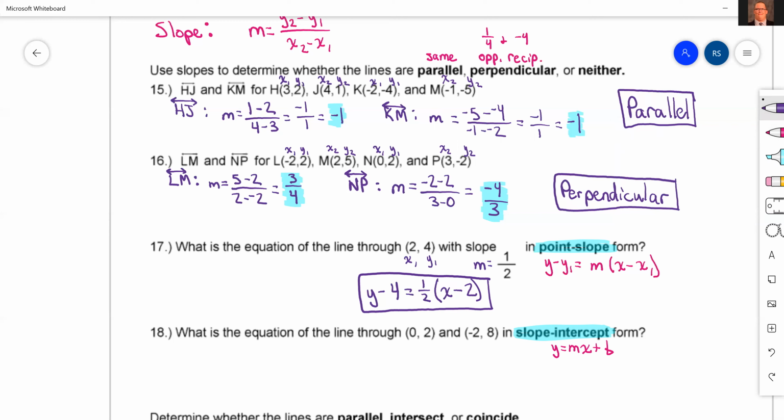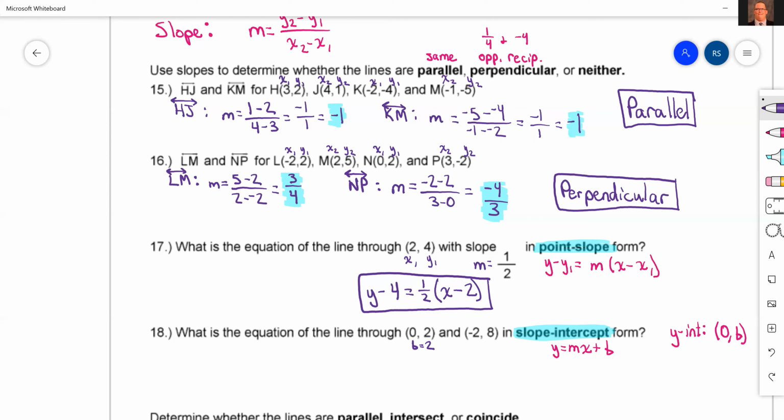Now, one thing to keep in mind with our b, that's our y-intercept, which is always written in the point form of 0, b. Do I have a point that looks like this? Yeah, 0, 2. So that means my b is equal to 2.